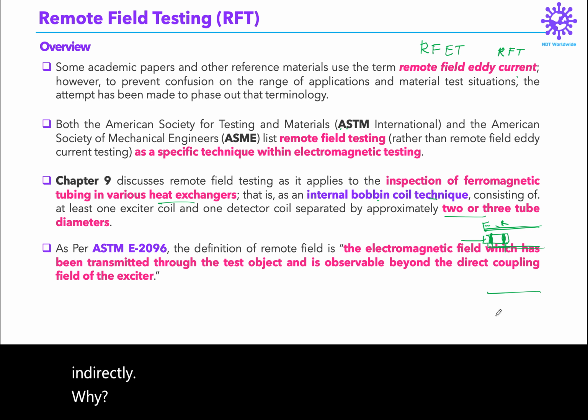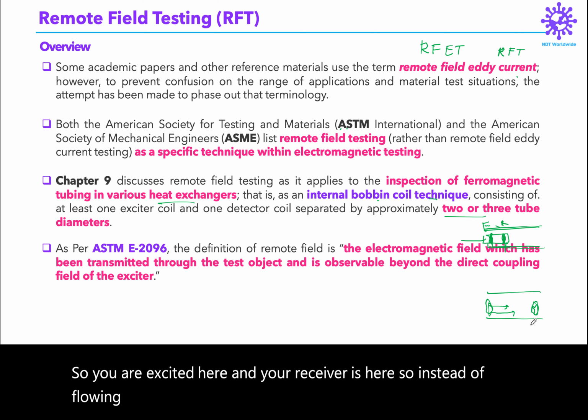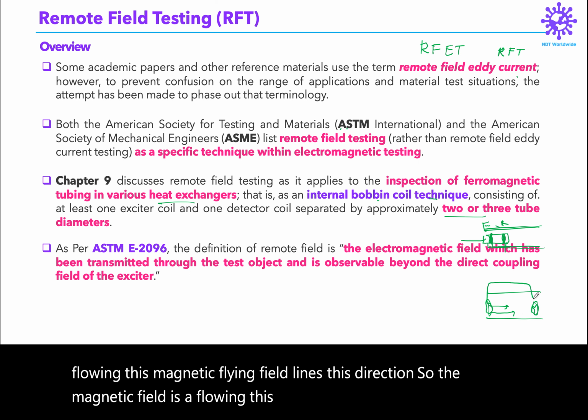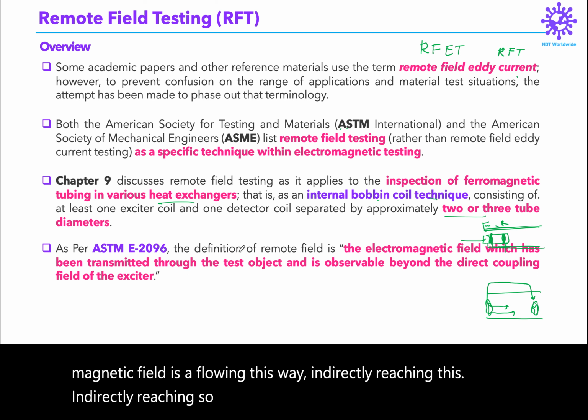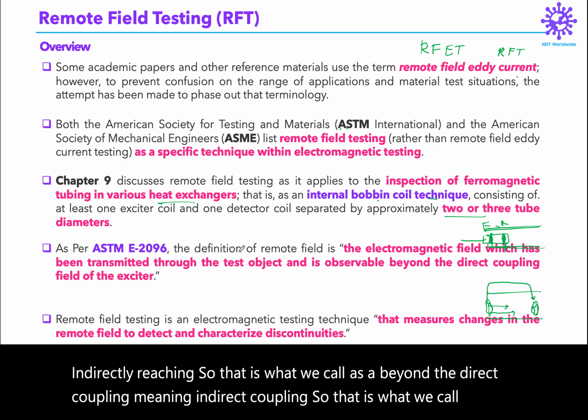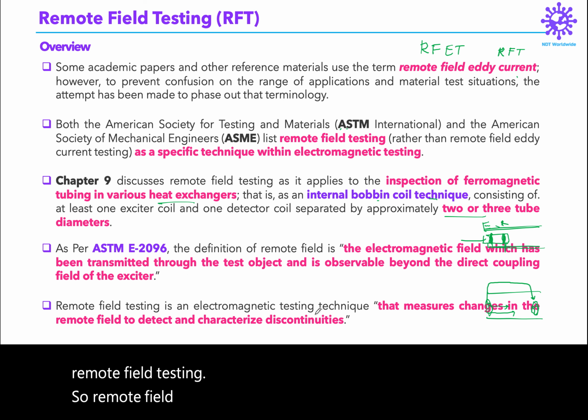If you see in this pipe, your exciter is here and your receiver is here. Instead of the magnetic field lines flowing in this direction, the magnetic field is flowing this way, indirectly reaching this. So that is what we call beyond the direct coupling, meaning indirect coupling. That is what we call remote field testing.